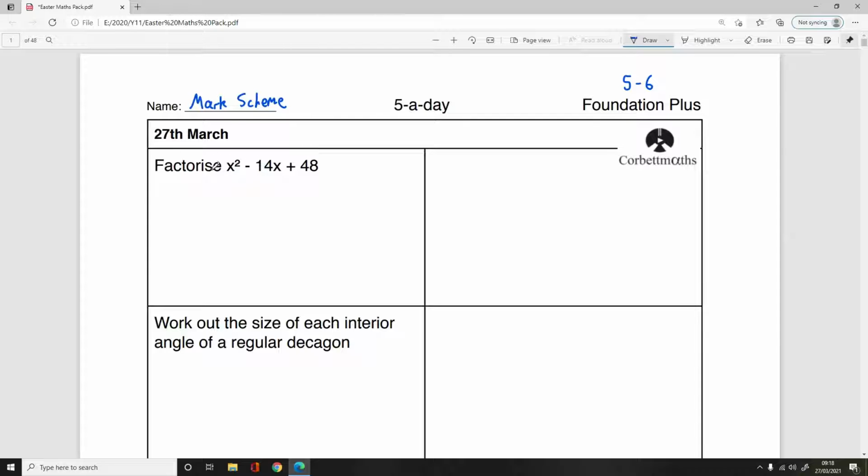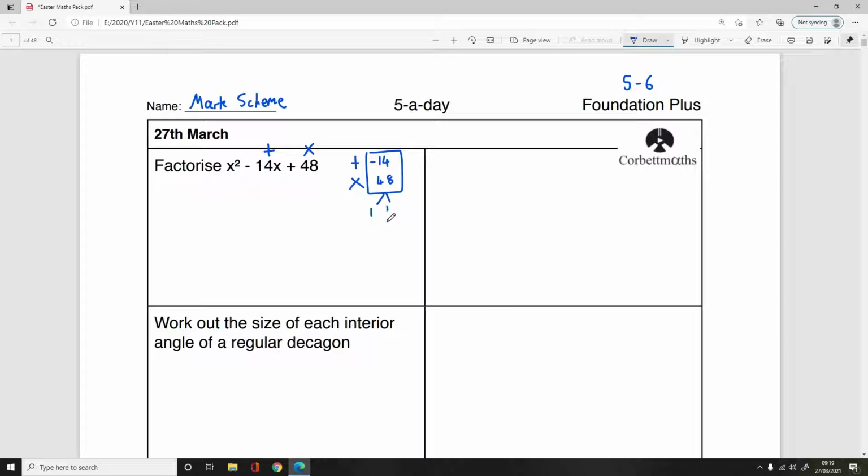This is a standard factorisation, which means we need to add to the middle number and we need to times to the end number. So we want to add to minus 14 and we want to times to positive 48. We want to think about the numbers that do that, so think about what multiplies to 48.